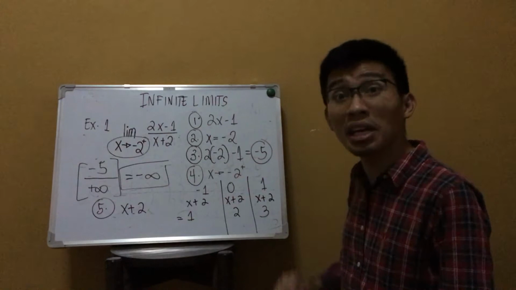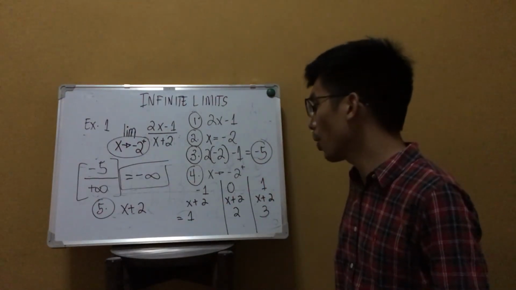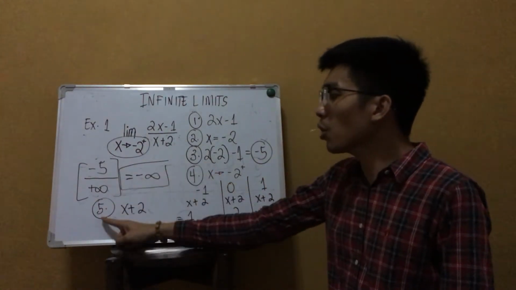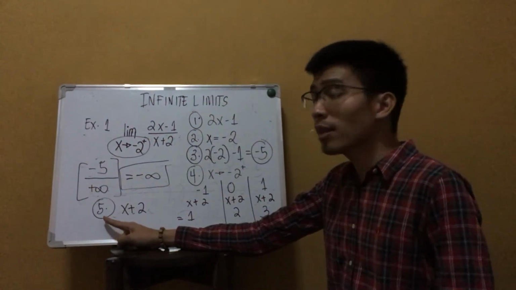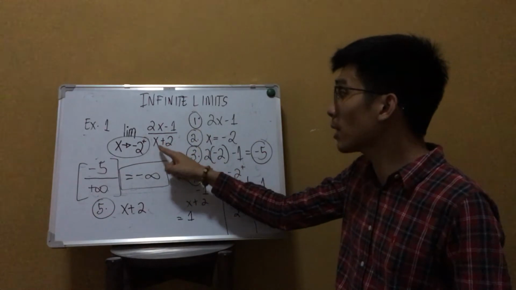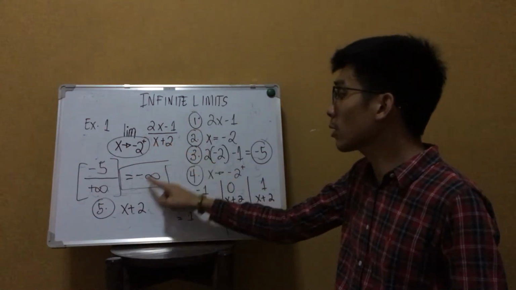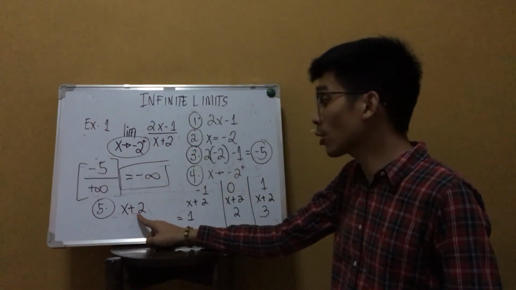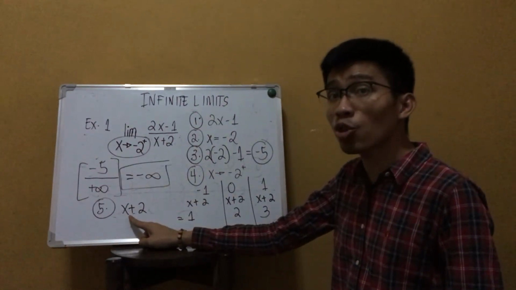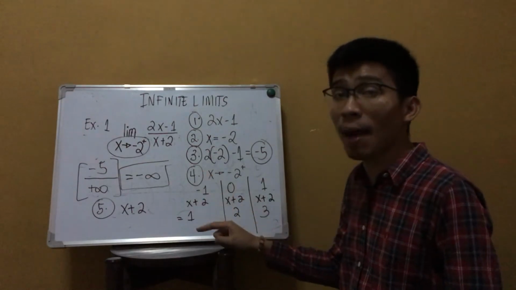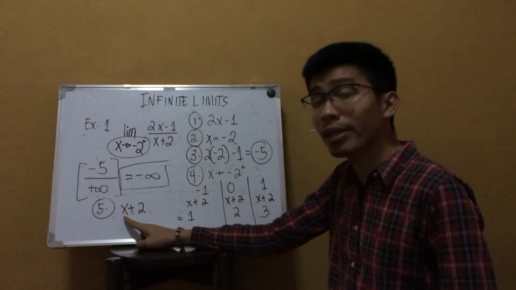And you can get numbers greater than that, at least 3. Okay? After step number 4, you go to step number 5. For step number 5, you have to get your denominator. And in my problem, the denominator is x plus 2, and you have to copy x plus 2. After identifying your denominator, you substitute all the numbers that you got for step number 4 into your denominator.